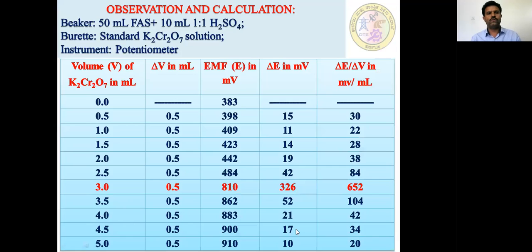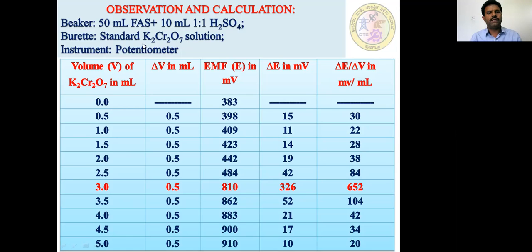So let's go through the observation and calculation part of the experiment. So in the beaker, we can assume 30 ml instead of 50. Let's assume 30 ml of ferrous ammonium sulfate solution. You can take any volume, 50 is also fine, but I assume these readings for 30 ml solution, and we added 10 ml of 1:1 sulfuric acid to the beaker.